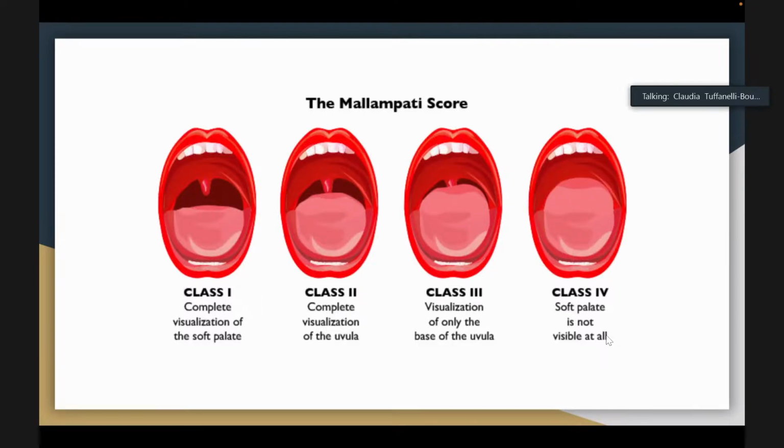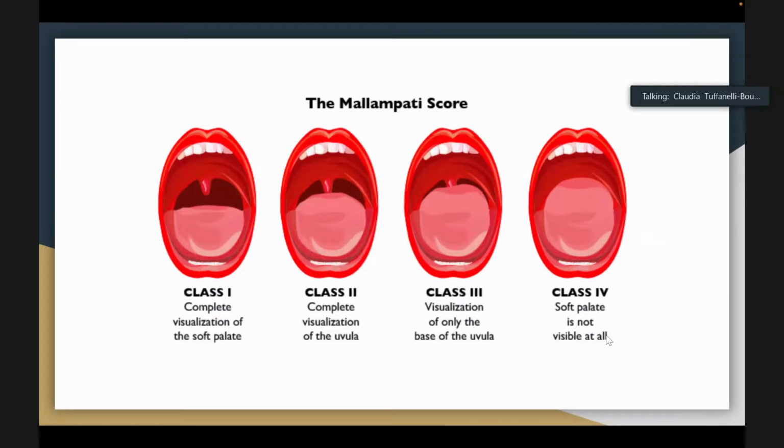Typically, class 1 and 2 are going to be an easier intubation, whereas 3 and 4 are going to be more difficult. Sometimes with the 3 and 4, they have large tongues or their anatomy is just like that. For these people, you need to be prepared first with surgical airways, video laryngoscopy, and other tools that we'll talk about next week.